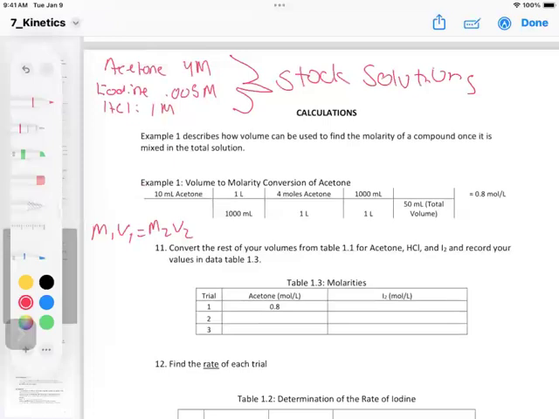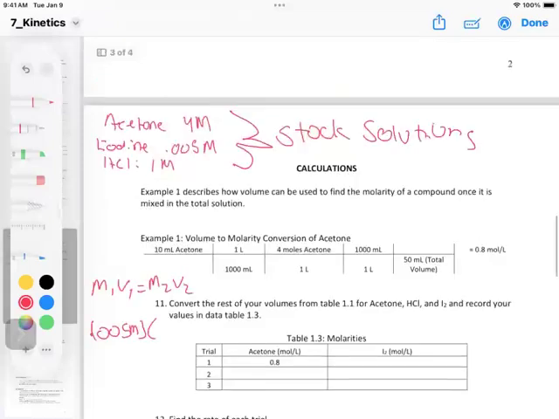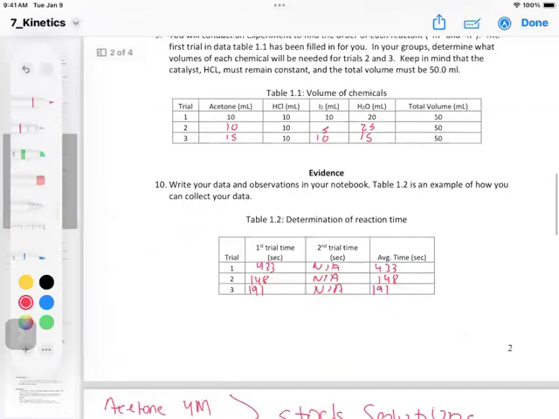So let's start. Acetone was given to us for trial 1, so we'll start with iodine for trial 1. M1 should be the stock solution. V1 should be the amount used of said stock solution.